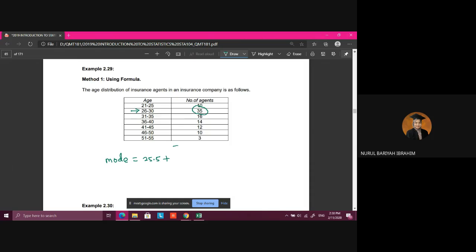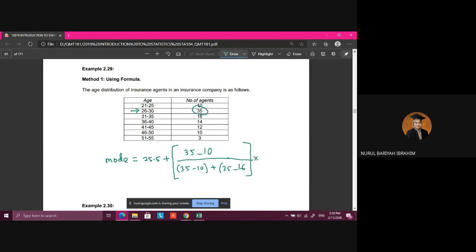Okay, so plus F0 minus F1. F0 adalah frequency of the class containing mode, so it is 35. Minus F1, frequency of the class before the class containing mode, which is 10. Okay, divide F0 minus F1 plus F0 minus F2, frequency of the class after the class containing mode, so 16.